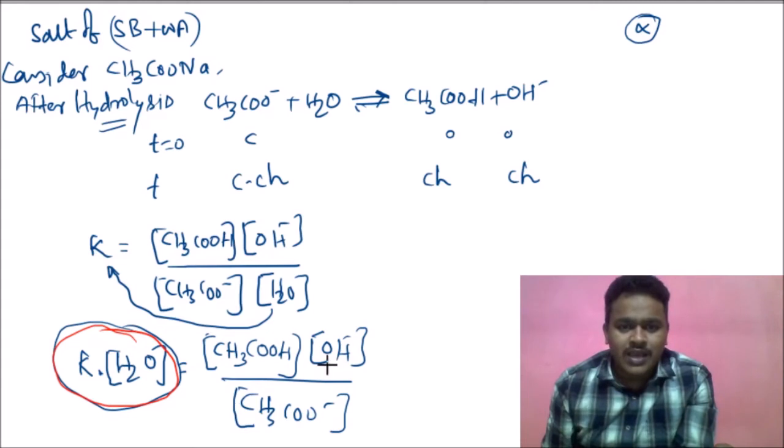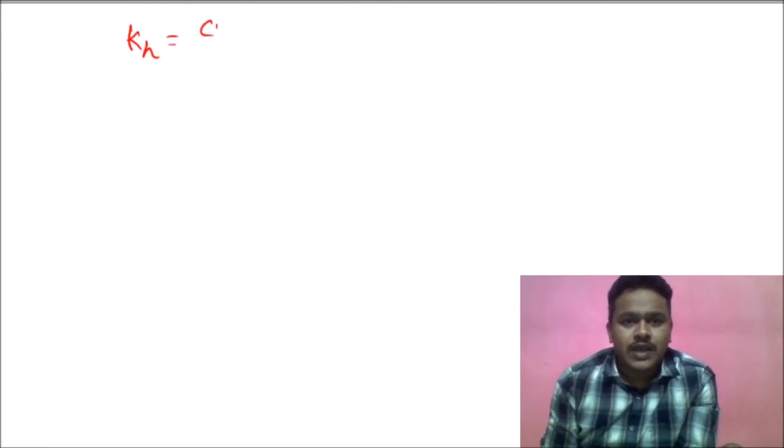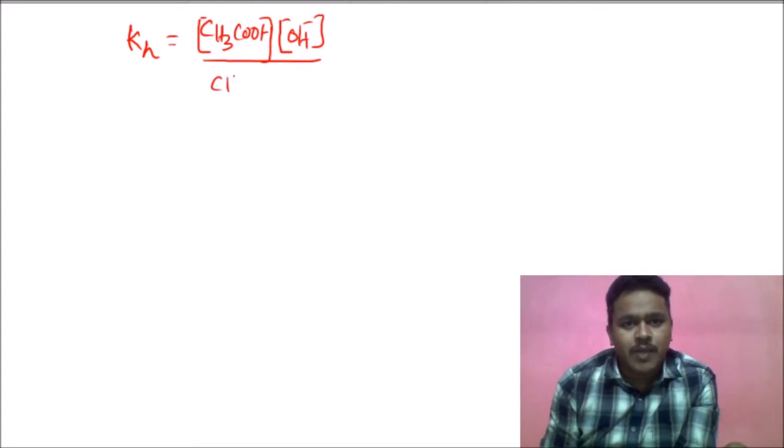And once again I am going to repeat the same expression. What am I going to write? CH3COOH acid concentration into OH minus ion concentration by CH3COO minus concentration.